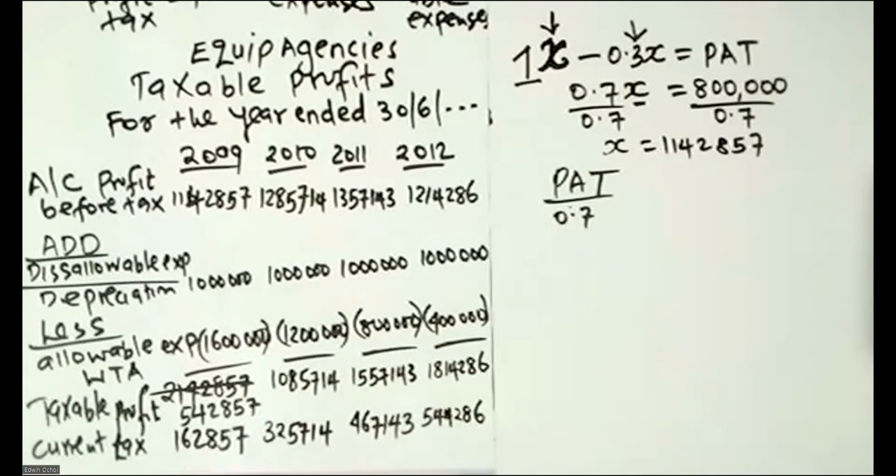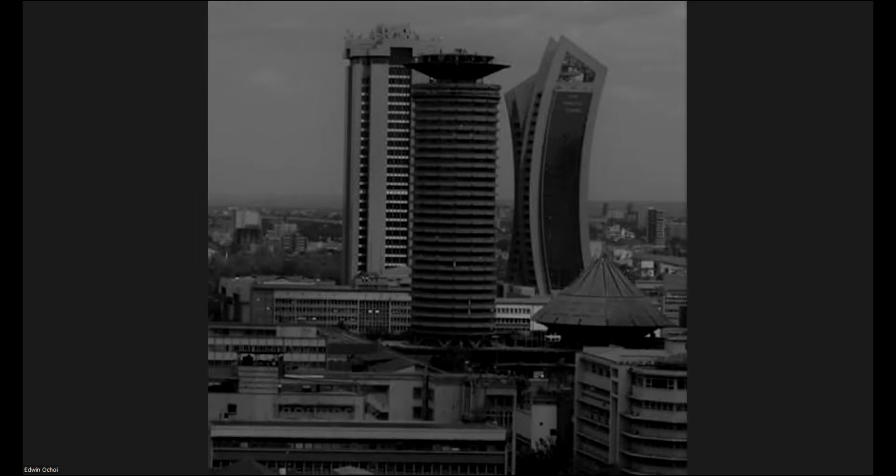So after we are done with the current tax, that is after taking the taxable profit times the tax rate and getting the figures down there, the next requirement the examiner needed is the temporary difference. And we always know that for you to get the temporary difference, you have to know the formulas to be used.